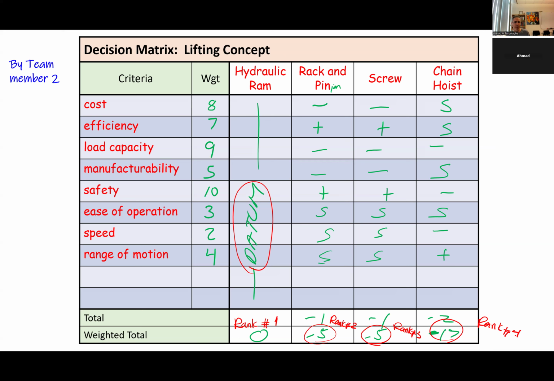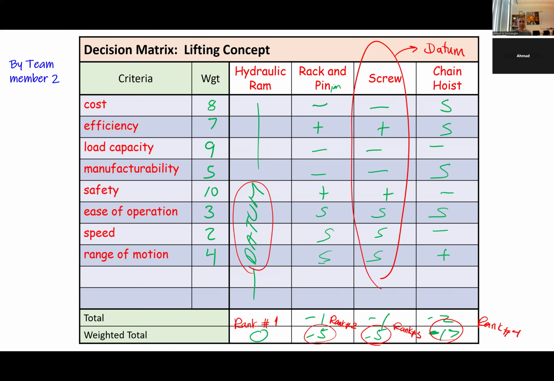Just keep in mind one thing. What if after you do the scoring, your best choice becomes, let's say, the screw one, a different concept? So keep in mind that is going to be your datum, right? I'm going to repeat it again.